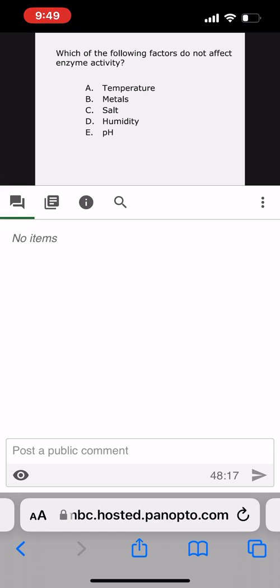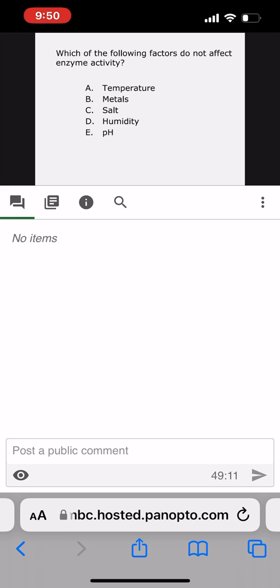Which of the following factors do not affect enzyme activity? Another minute.